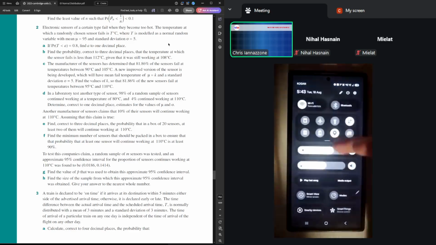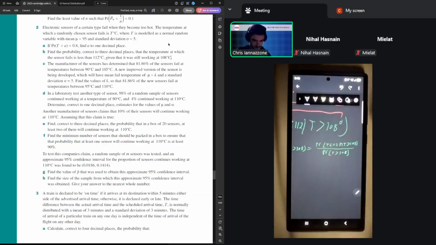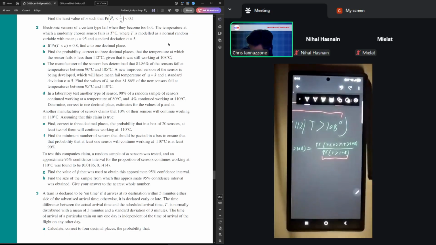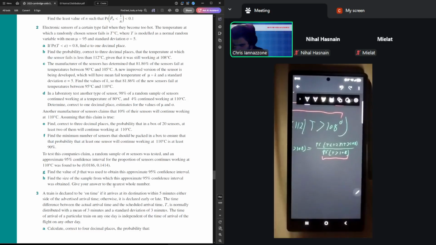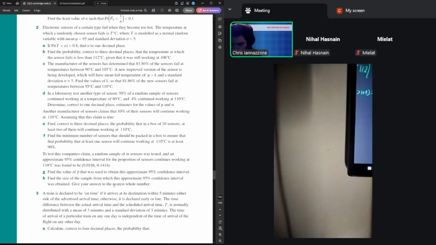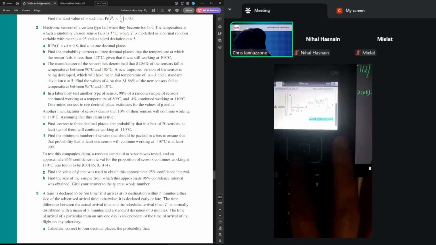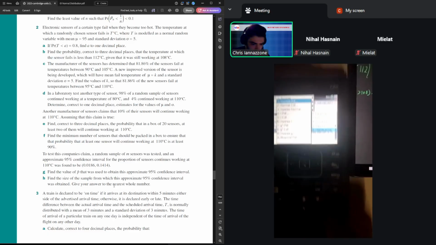So we're just looking to do probability of a normal distribution variable being greater than 108. Well, we do know that it's normal distribution, which means on our CAS there's technically 3 options, but really there's only 2, because we pretty much will never use the normal PDF.